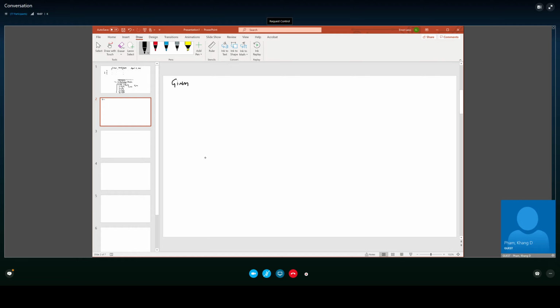Given a push-down automaton, P, which consists of states, input symbols, stack symbols, the move function, the initial state, the initial stack symbol, and no final states, because we're looking at accepting by empty stack.